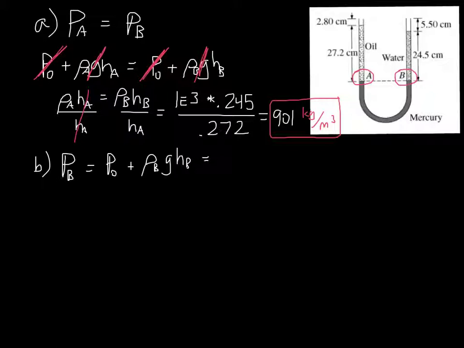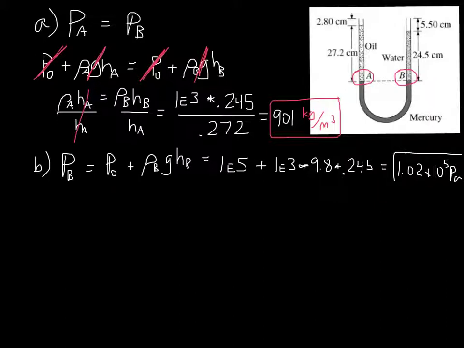We can say that the surface pressure is atmospheric pressure, which is 1 times 10 to the fifth, plus the density of B, which is water, that's 1 times 10 to the third, times 9.8 for the acceleration of gravity, times the height. This time the height does have to be expressed in meters, since we want the final answer expressed in standard units, so we have to use 0.245, and from that you get roughly 1.02 times 10 to the fifth pascals.